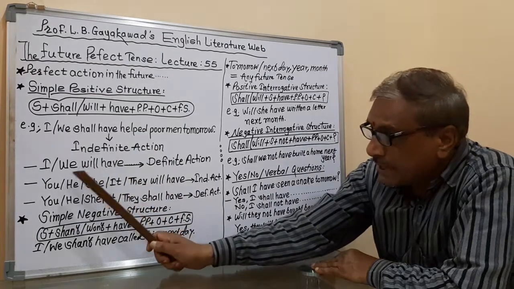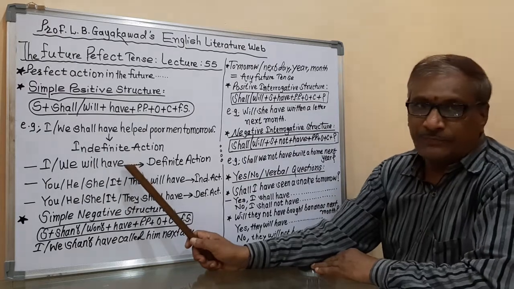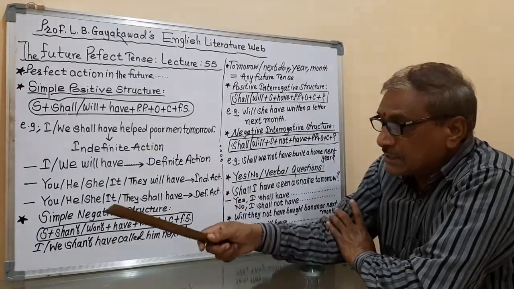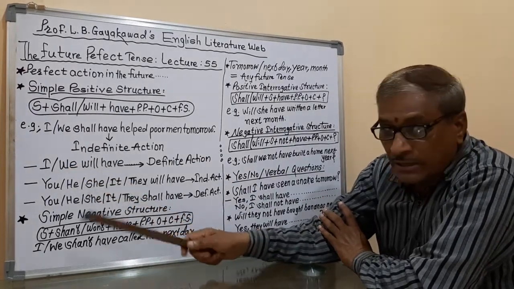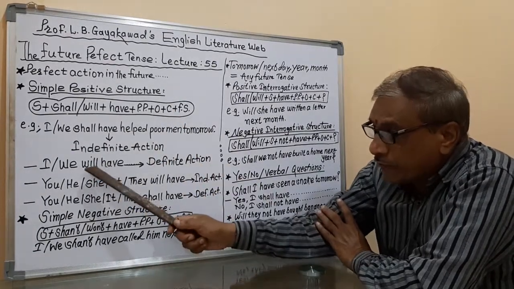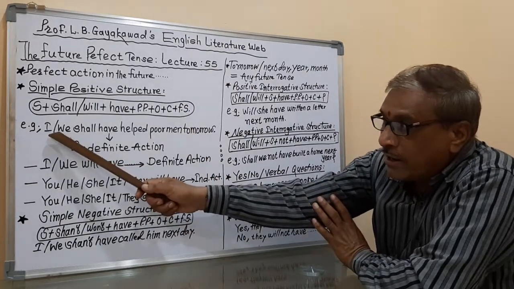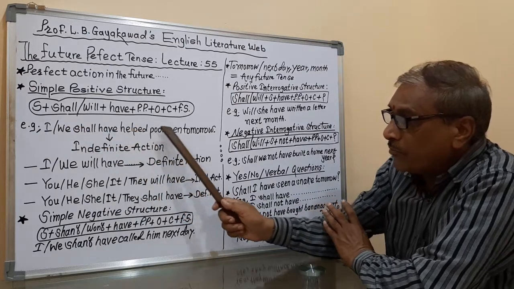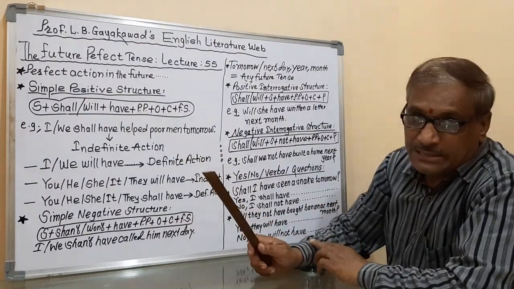Then we will see I and we will have. When we write the sentence with I or we, and then write will have, such as I will have helped a poor man tomorrow, then this sentence will be the definite sentence.